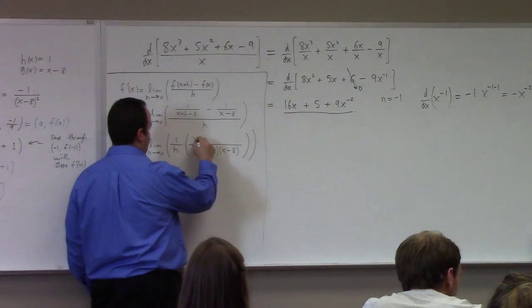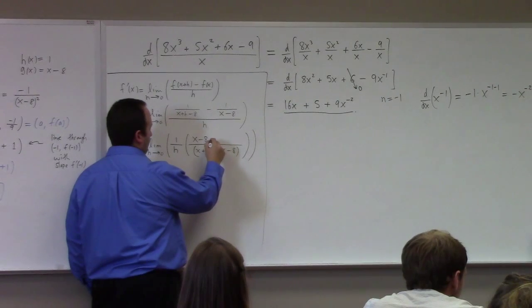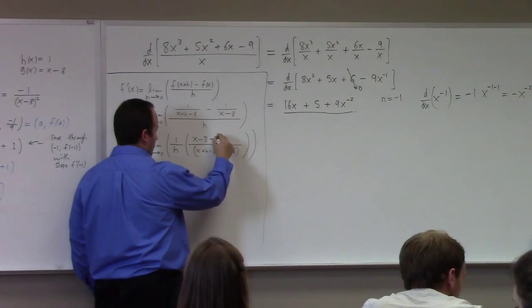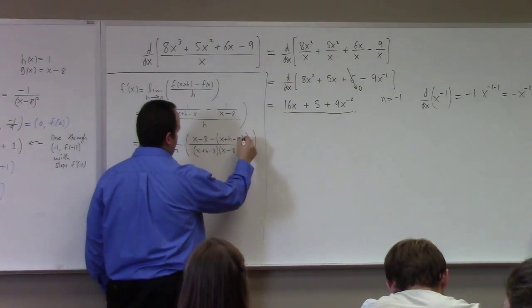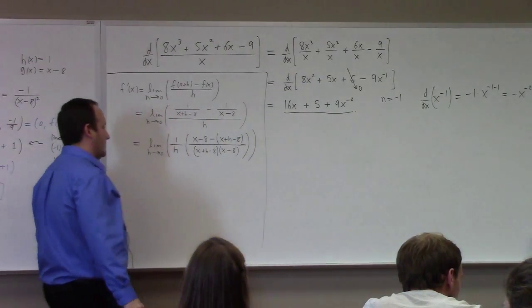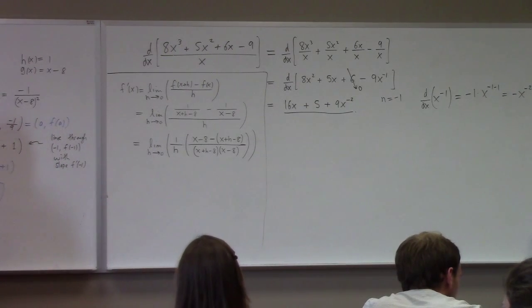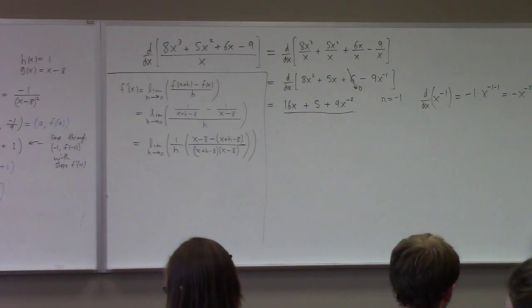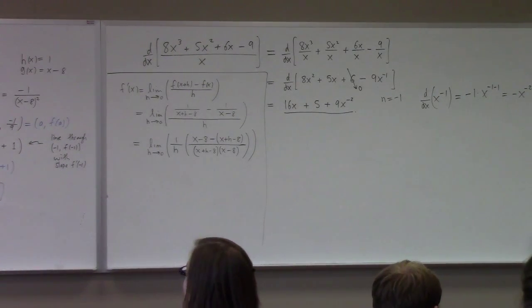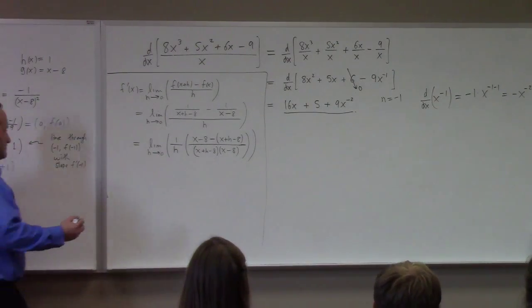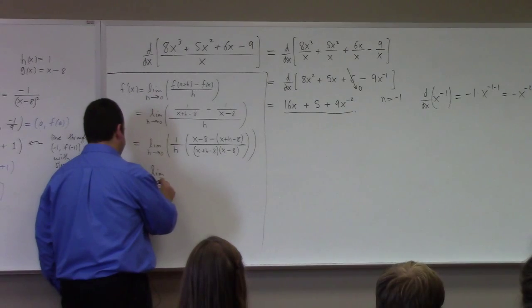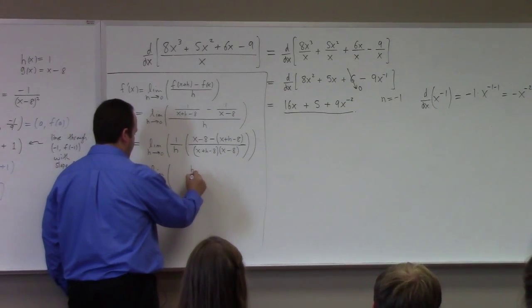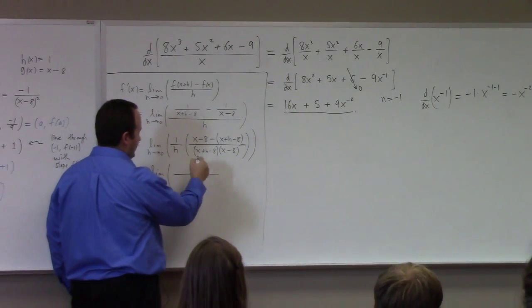Right, x minus 8 minus, and then parentheses, x plus h minus 8. Things are canceling. 8's cancel, x's cancel. What's left? h. Actually, a minus h.